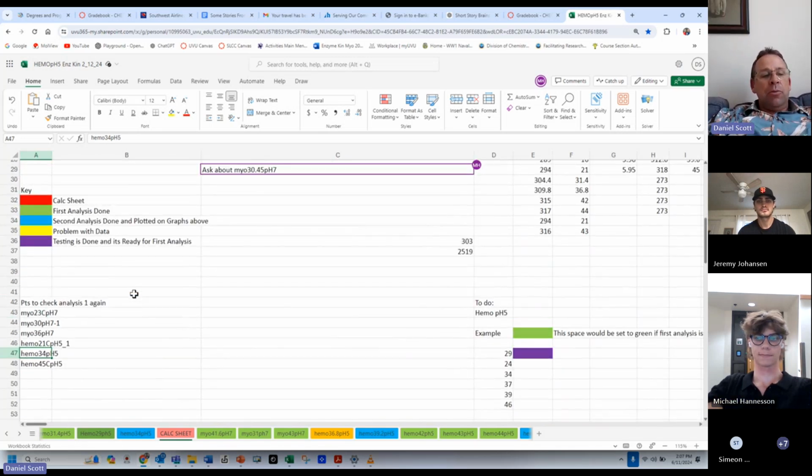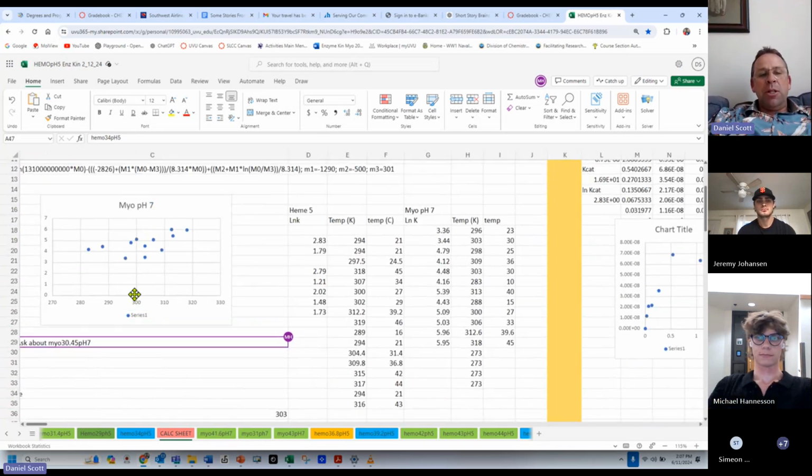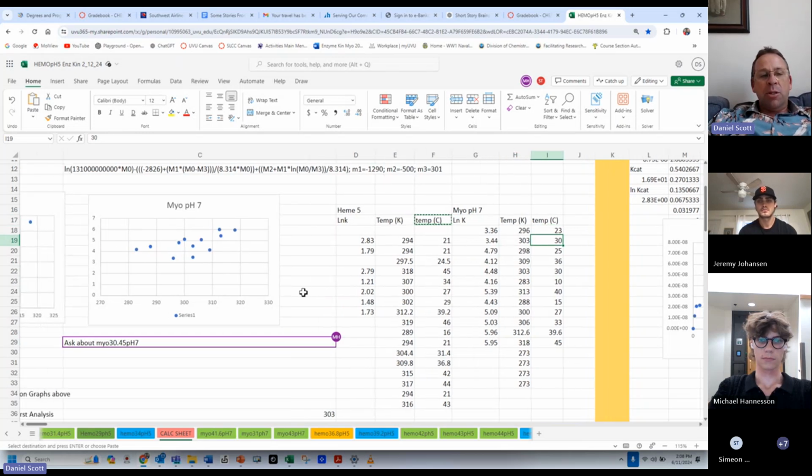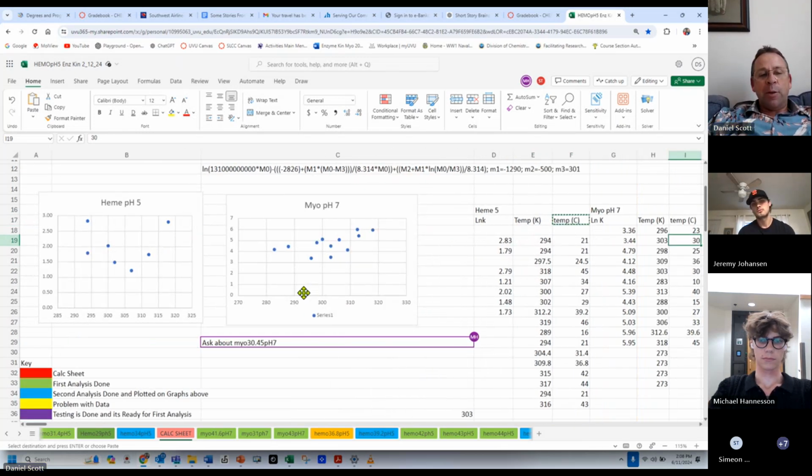Yeah. So for these points here, currently, myoglobin at these temperatures in Celsius, and hemoglobin at these temperatures in Celsius, and myoglobin at these temperatures in Celsius, we have the analysis done completely, and we plotted the points over here in these graphs, right?